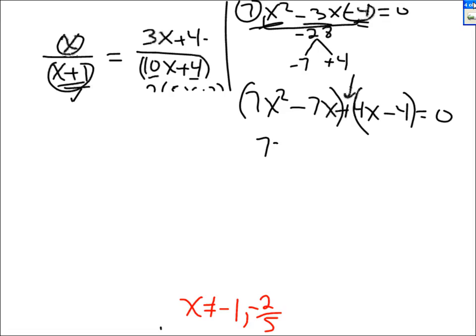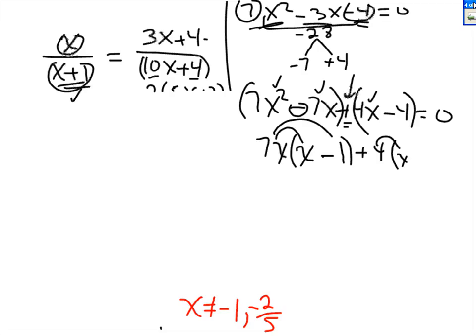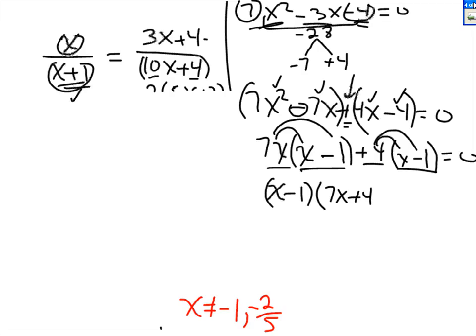In the first bracket, I can factor out a 7x. 7x times x is 7x squared, and 7x times 1 is 7x. Now when I factor out a 4, 4 times x is 4x, and positive 4 times negative 1 is negative 4. Then I factor the whole thing. X minus 1 is common, and then I have 7x plus 4 left over.